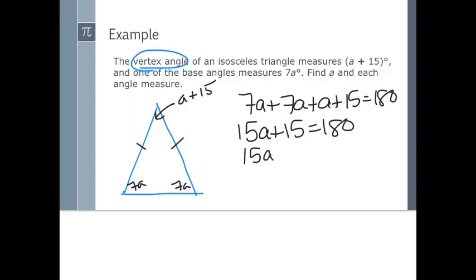So 15A equals 165, which means A equals 11. Okay, so each angle measure, we have two angles that measure 77 degrees. And then that vertex angle is 11 plus 15, or 26 degrees.